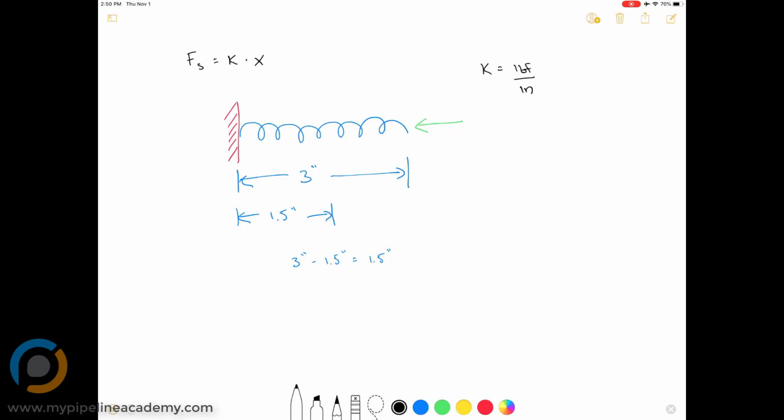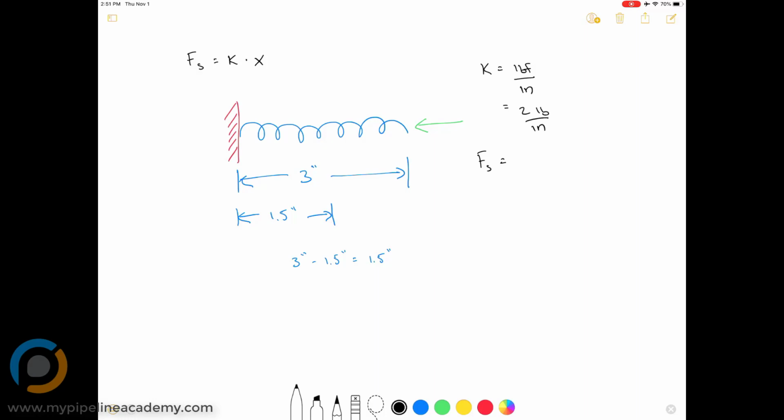So going back to our original question, how much force is required to compress this spring to half its original length? Well, we get our equation here, F sub S equals K times X, and let's say that we looked up this particular spring, and the spring constant is maybe 2 pounds per inch.